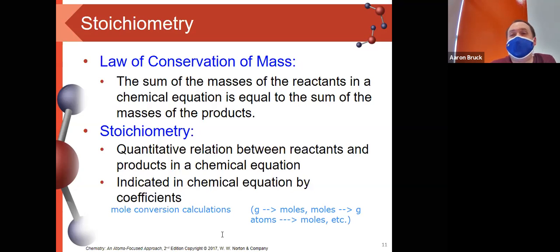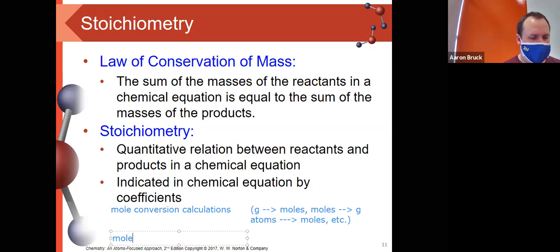We did a whole bunch of these calculations in chapter 2. We did a number of those calculations in our first dip into chapter 7 when we talked about empirical formulas. Now we're seeing them again. So that's one type of conversion that is used in stoichiometry.